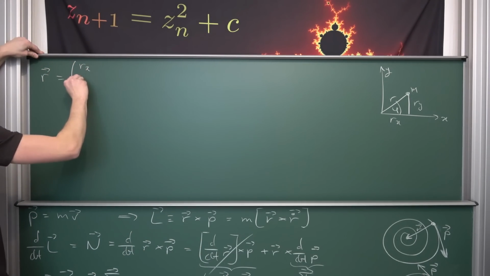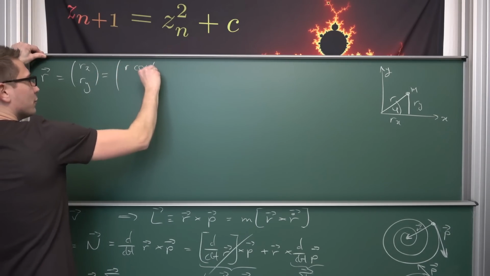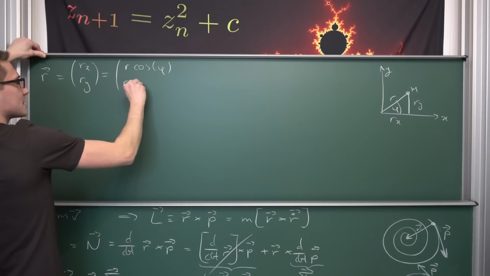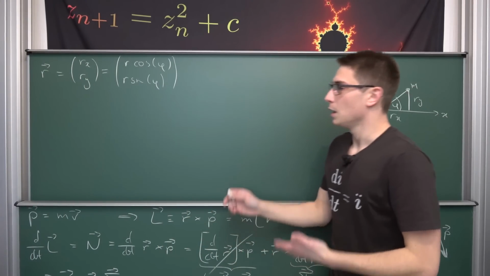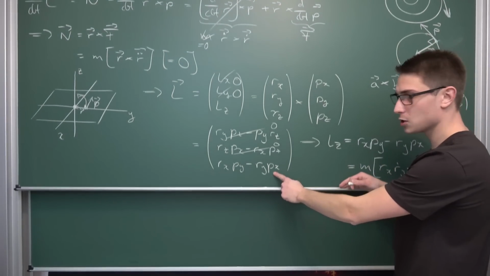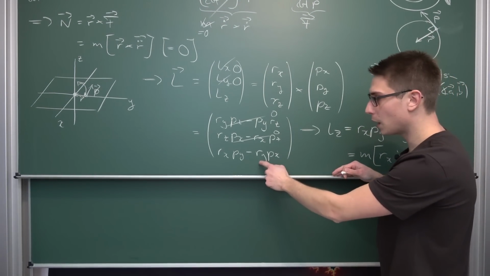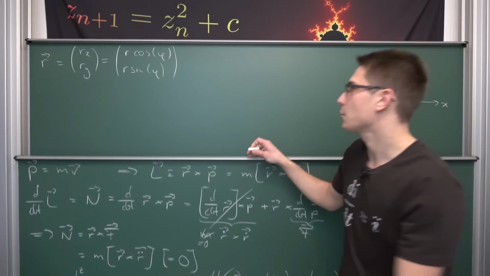Now meaning our r vector is comprised of those two entries, which is r times the cosine of phi and then r times the sine of phi. Now this right here is the first part, but for our momentum to pop out here, we also need to differentiate our rx and ry components respectively and then multiply everything together.